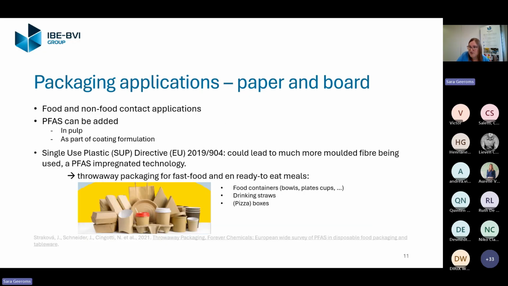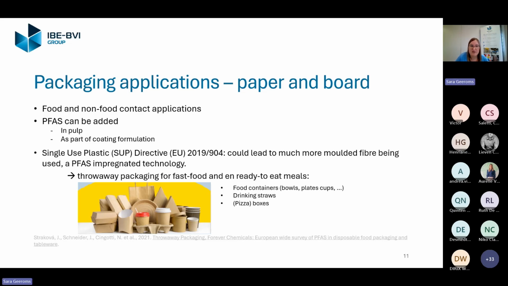Most paper and board does not contain intentionally added PFAS, but as I said, for some applications, it is added to give oil and grease resistant or water and vapor repellency. PFAS can be added in the pulp or as part of coating formulation.